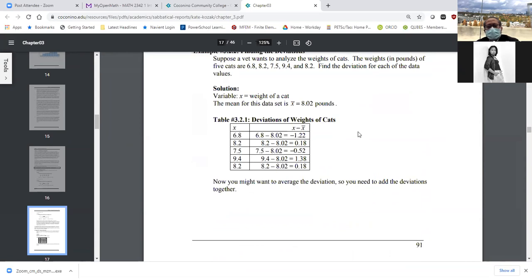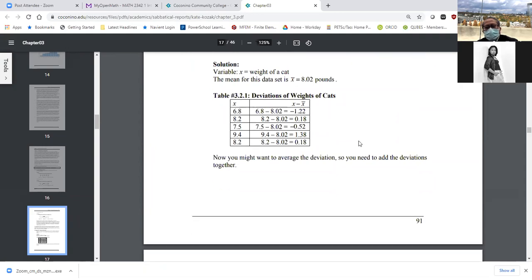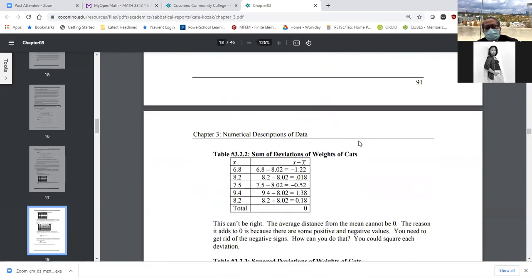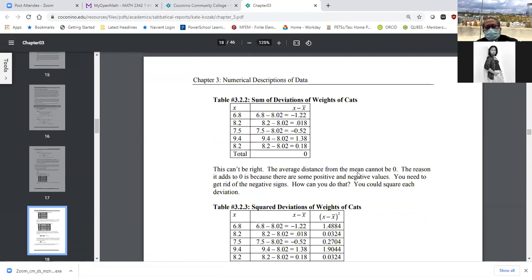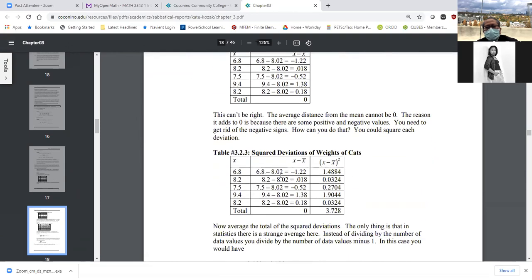Now when you get the deviations, you find the average of the deviations. So you need to add all these deviations and then divide by the number of them. Or in this case you need to square them, okay?